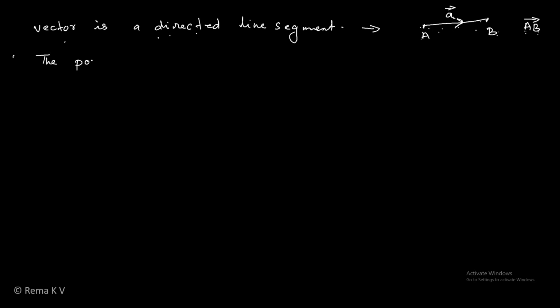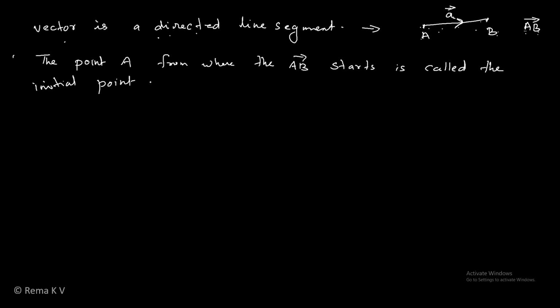The point A from where the vector AB starts is called the initial point and the point B where the vector AB ends is called the terminal point.